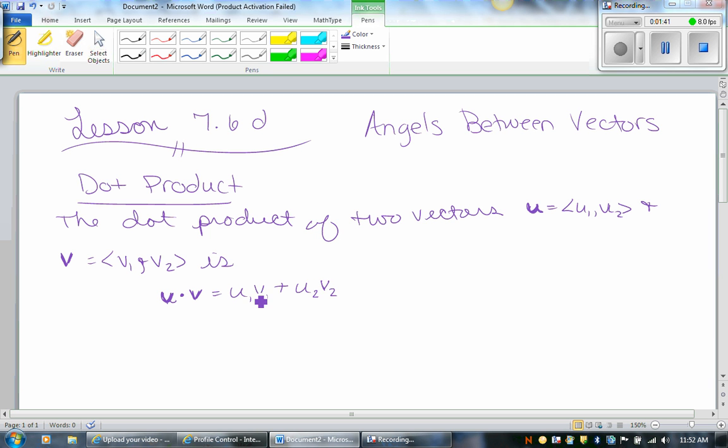Okay, and when we do this, what we wind up with is a scalar value instead of a vector. All right, so let's look at an example of that.